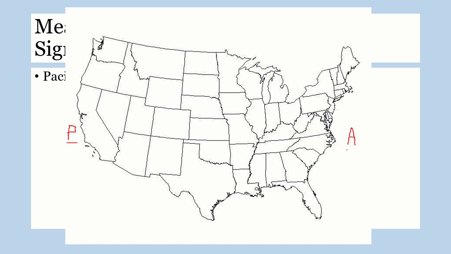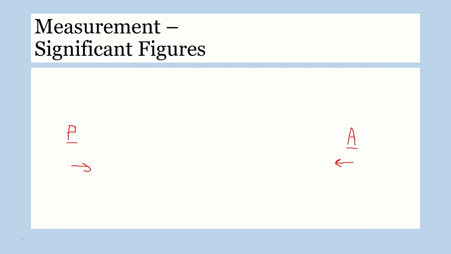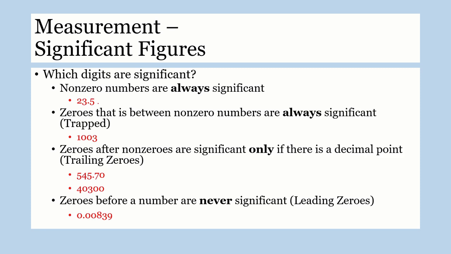If the decimal point is absent, you start counting on the Atlantic side. If it's Pacific, you go this direction, and if it's Atlantic, you go this direction. So if you look at the previous page, at this one, the decimal point is present. So you start counting on the Pacific side, at the first non-zero digit. This would have 1, 2, 3 significant figures.